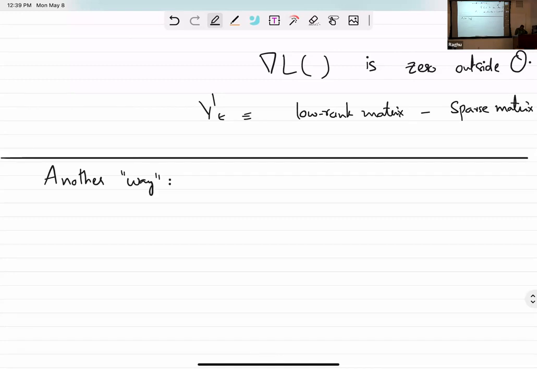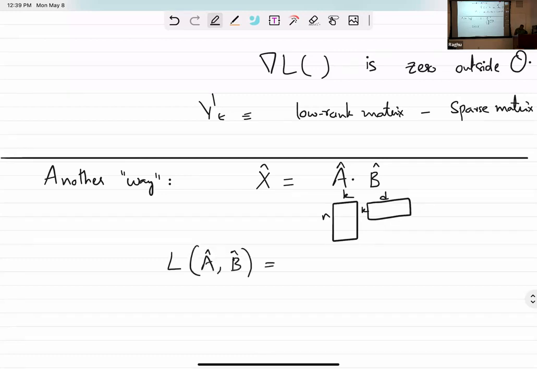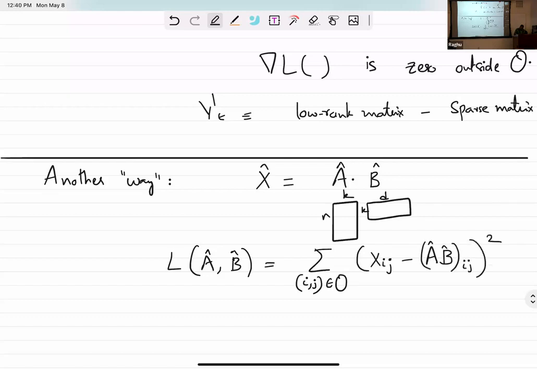way is to say that my x hat is going to be a hat times b hat. Okay, I'm explicitly going to enforce that this is an n by k times k by d matrix. Okay, and then I define a loss function, which is, okay, a non-convex function.